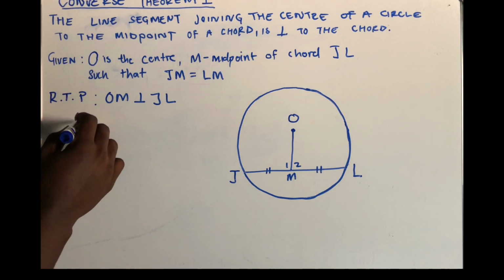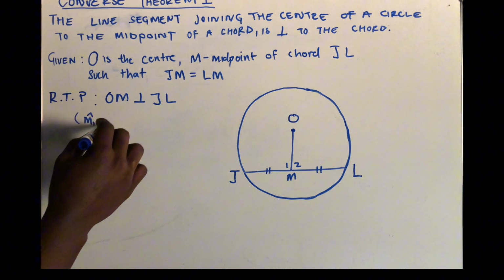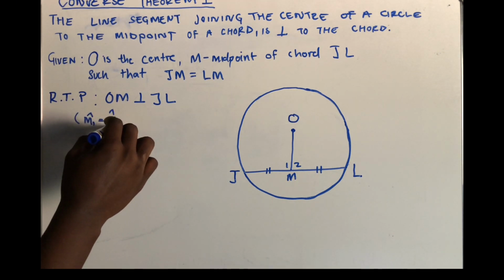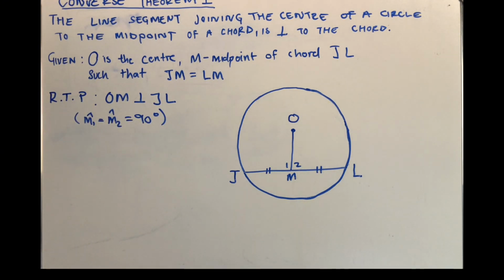So this basically means that angle M1 must be equals to angle M2, both equals to 90 degrees. I hope we all can see that. Remember, on the previous video, we mentioned that if lines are perpendicular, they form a 90-degree angle in between, or the angles that are formed by the lines is 90 degrees.